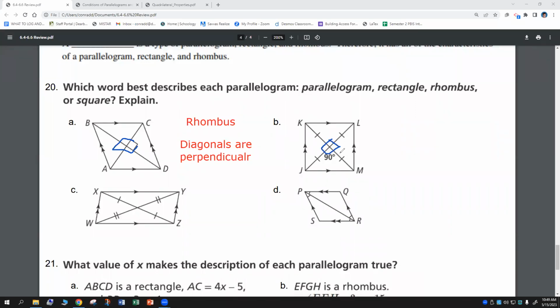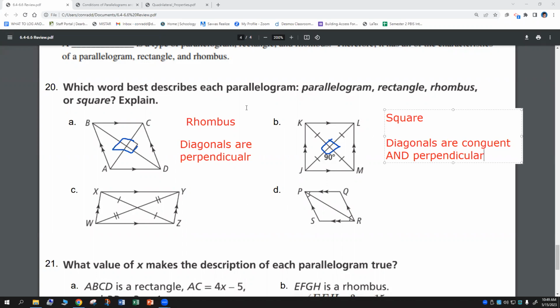But I also notice that the diagonals are congruent. So this is going to be a square because it's a rhombus because diagonals are perpendicular, and it's a rectangle because diagonals are congruent. Therefore, it's both a rectangle and a rhombus, which means the best description is a square. Diagonals are congruent and perpendicular.